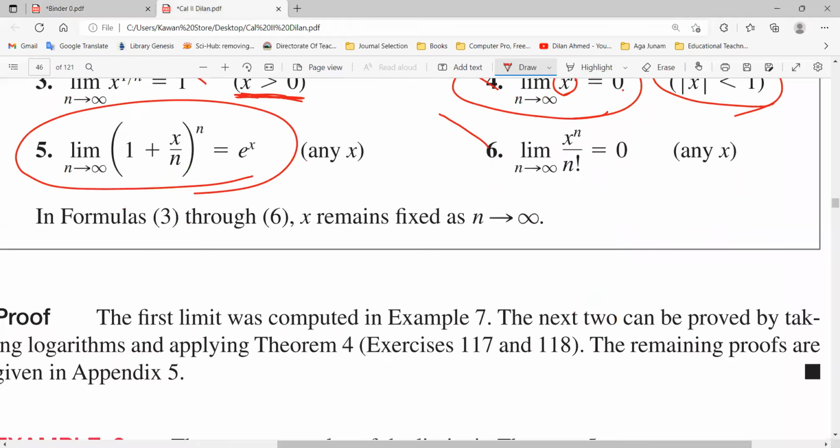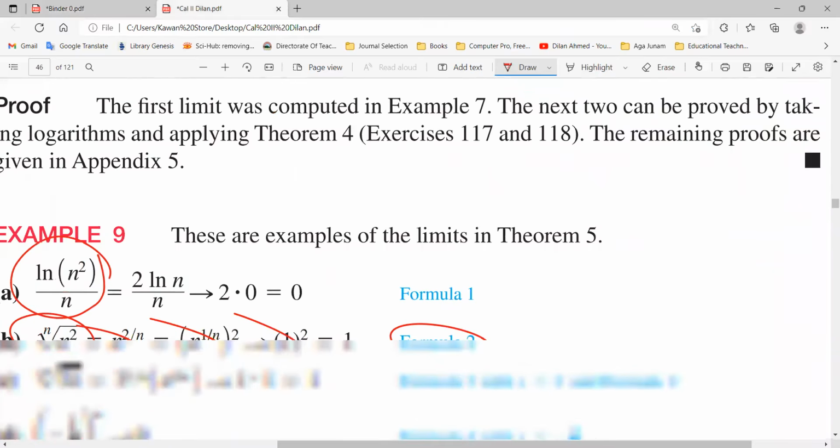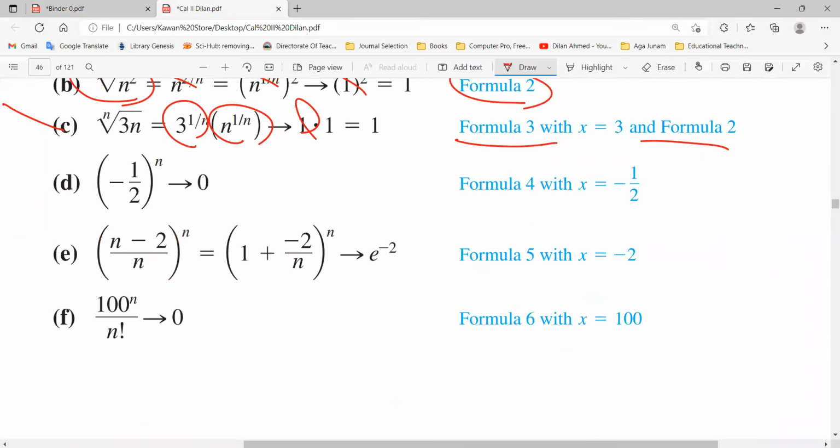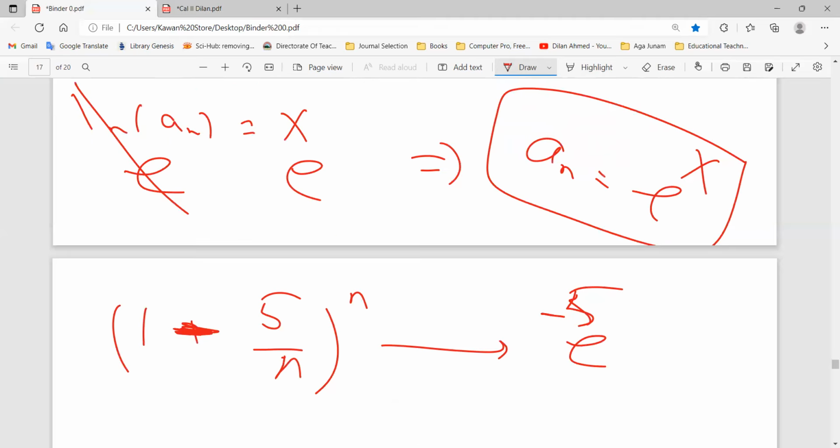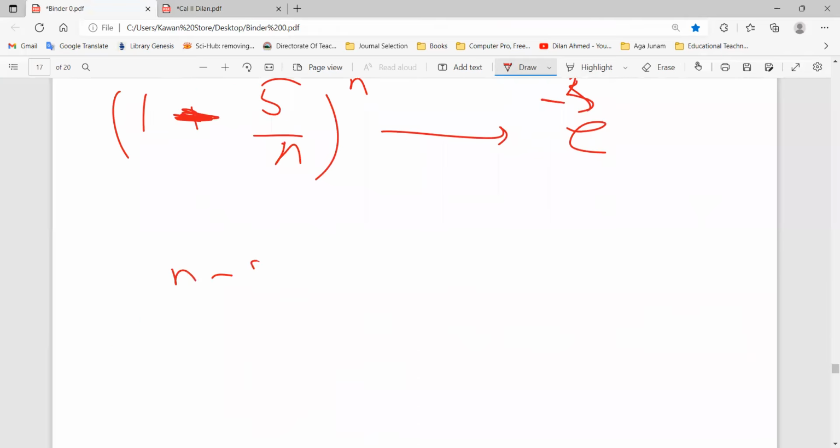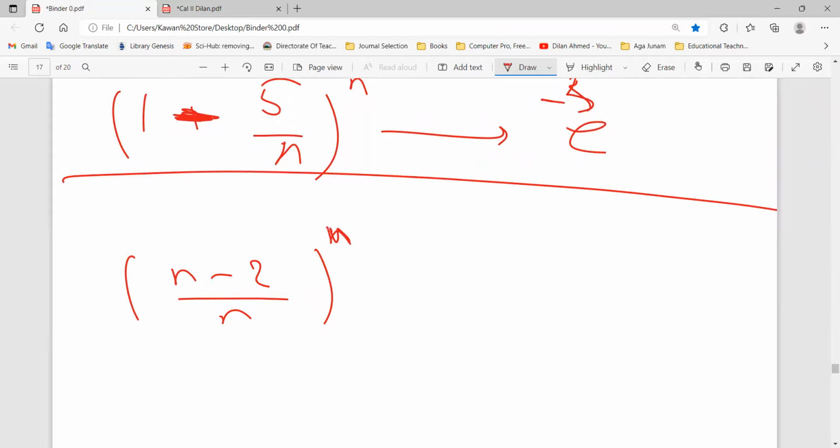The second, we do what? e to the power... look at here. (n minus 2 over n) to the power n. Look at that example. So how do we solve that one? Change it to that formula.